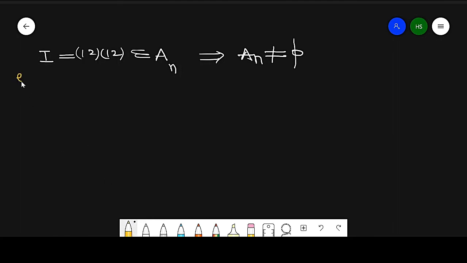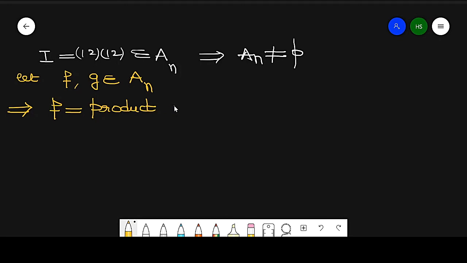So let f and g belong to An. So each is a product of even transpositions. So by the statement, what is f? f is a product of even transpositions.